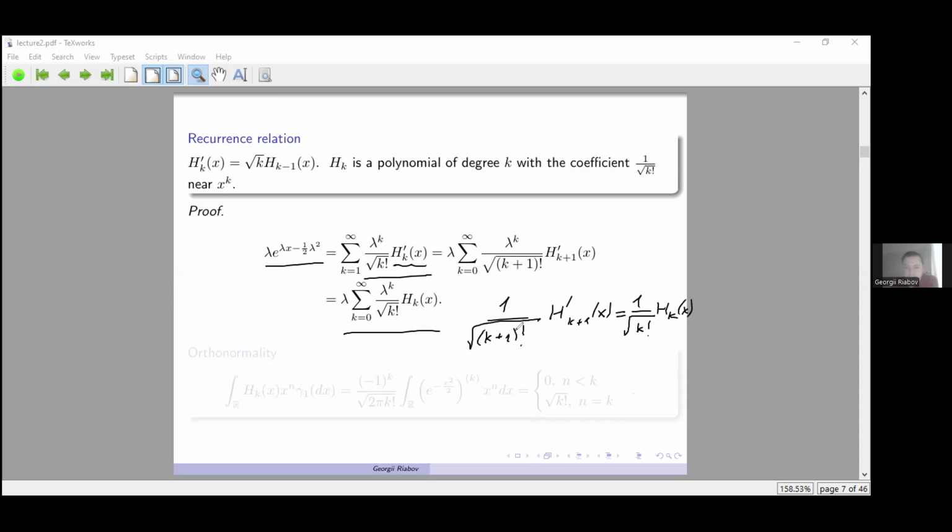So it remains to multiply everything by root of (k plus 1) factorial, and we get that h prime k plus 1 is equal to root of k plus 1 times h_k, which is what we had to prove.